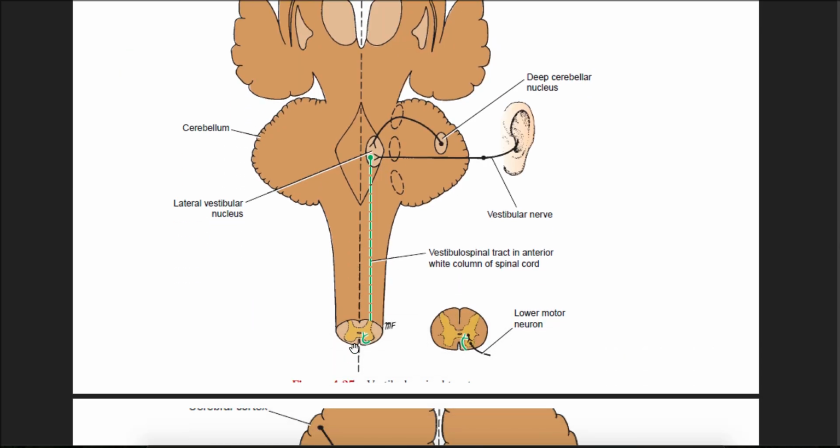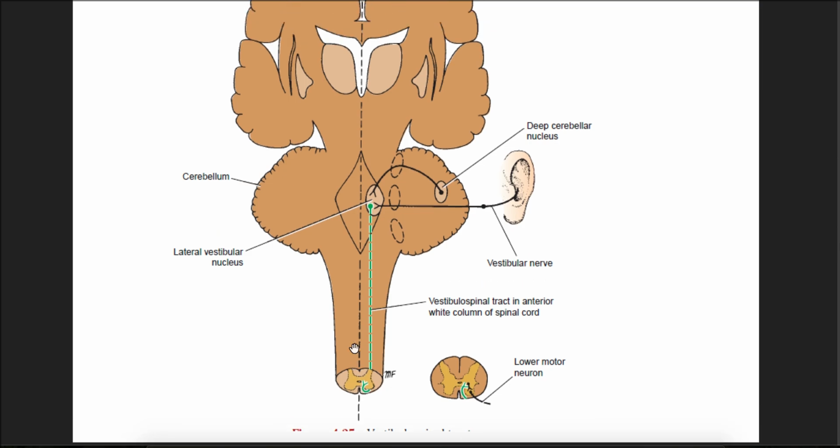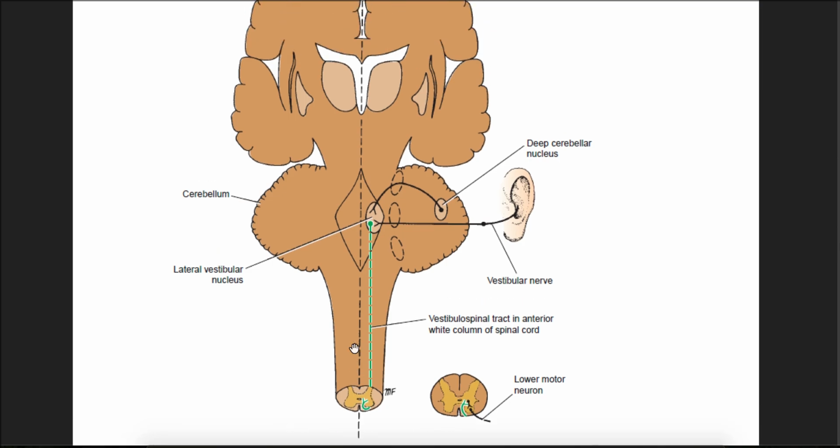And here we have vestibulospinal. Vestibulospinal tract is, like the name suggests, it has to do with balance. And these fibers are going to come from the vestibular nuclei, which are concerned with balance.